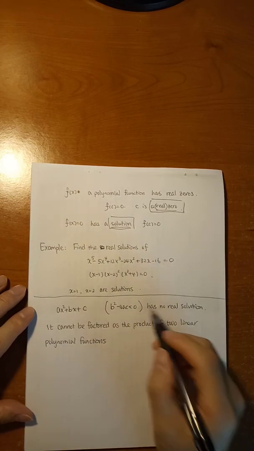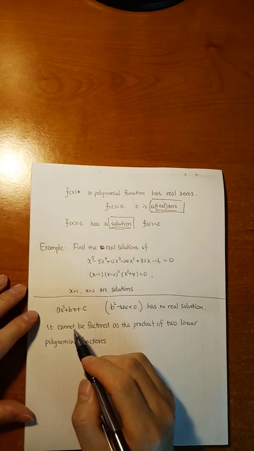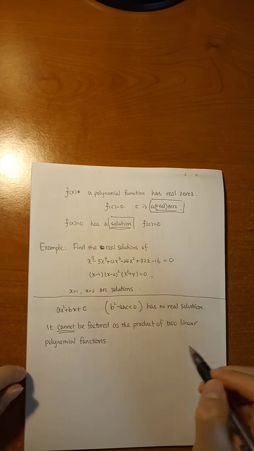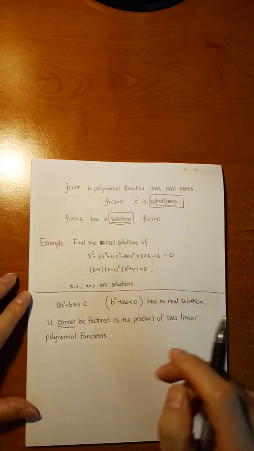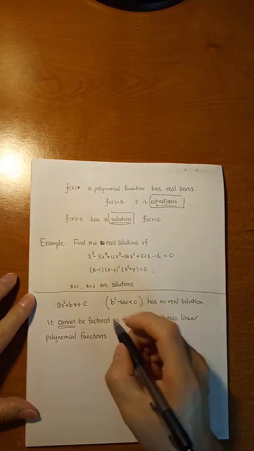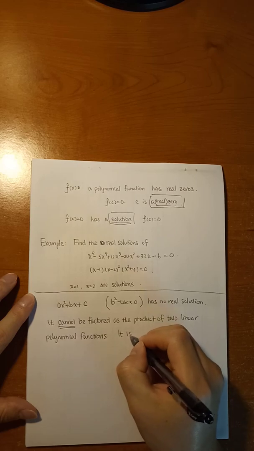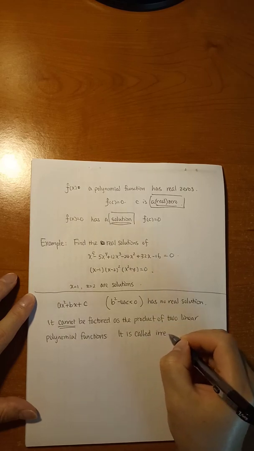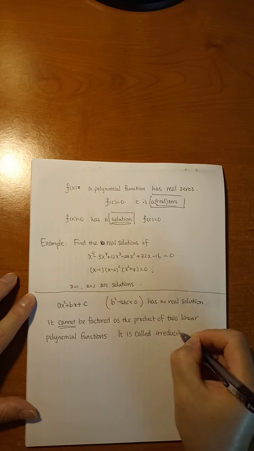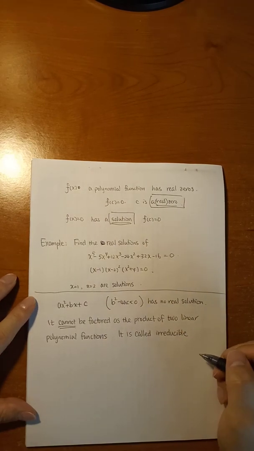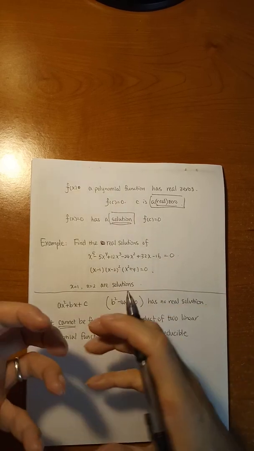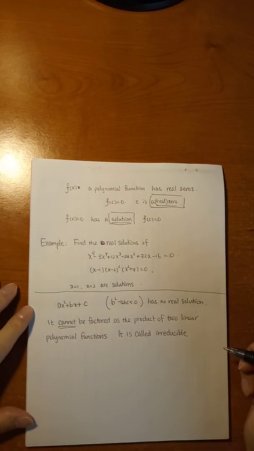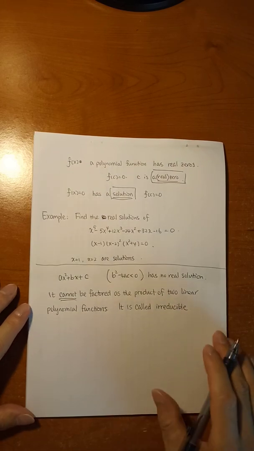So if the discriminant is negative, then this quadratic polynomial cannot be factored as a product of 2 linear polynomials. In this case, we call it irreducible. What is irreducible? If you cannot break it, if you cannot factor it, it's called irreducible.